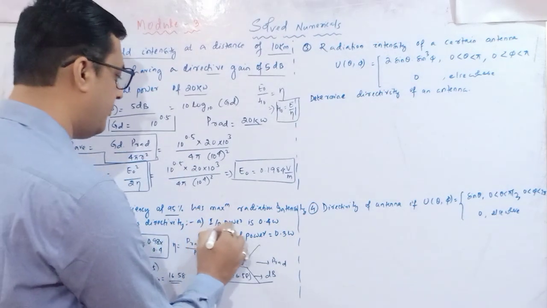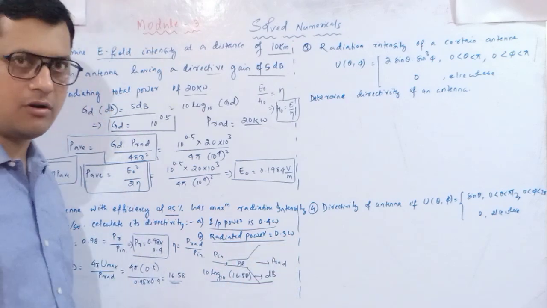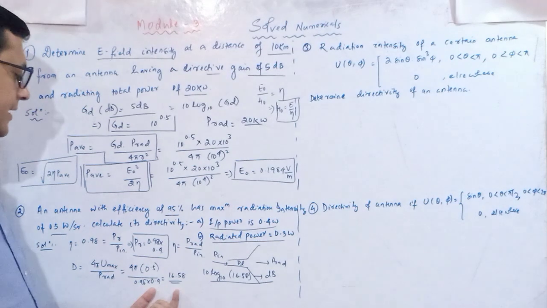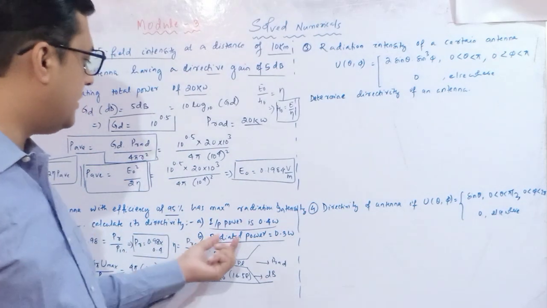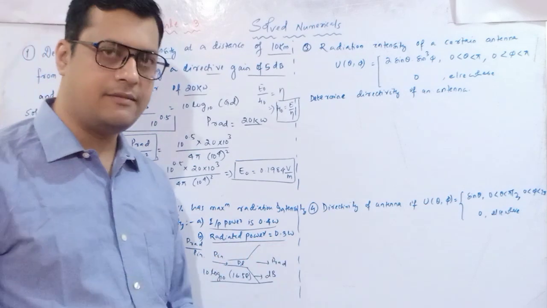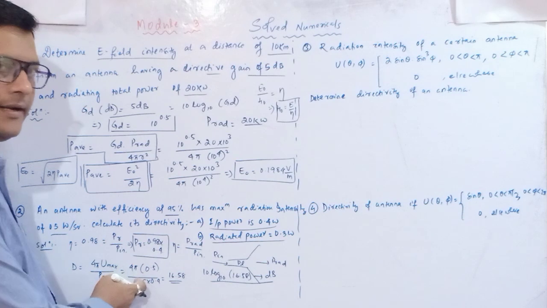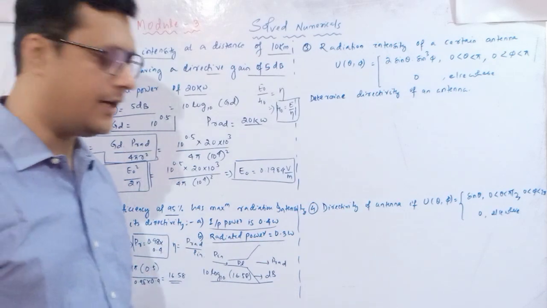One, if the input is 0.4 watt, with respect to input power we have identified the directivity as 16.58. But if the radiated power is given as 0.3, then directly in place of 0.98 into 0.4, you can substitute 0.3 and you can determine your directivity.